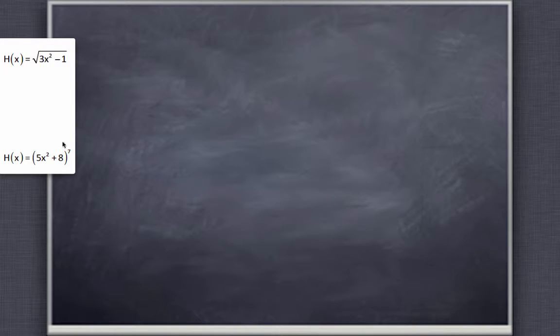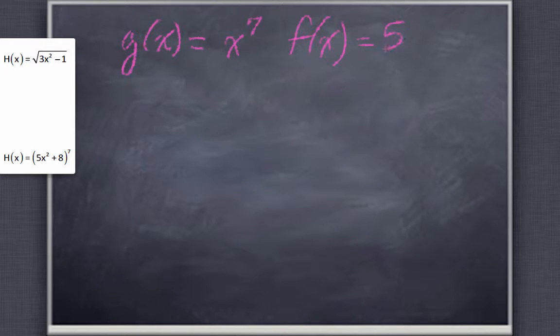This one, the very dead last thing you do is take it to the 7th. If I gave you 4 to plug in, you'd plug it in here first, and then you'd add 8, and then the last thing you do would be to go to the 7th. So I'm going to say taking someone to the 7th is one of the functions, and the other thing that happens is the 5x squared plus 8. And you could write this as the composite of 4 functions.